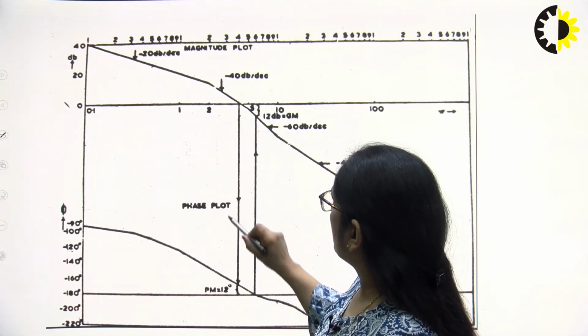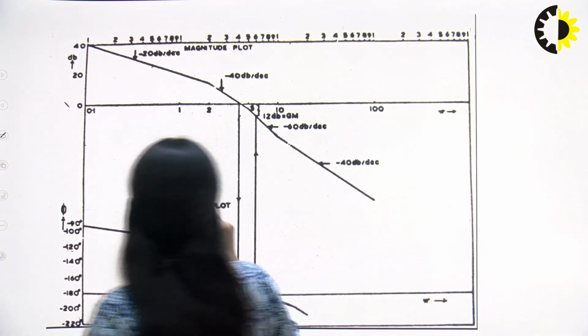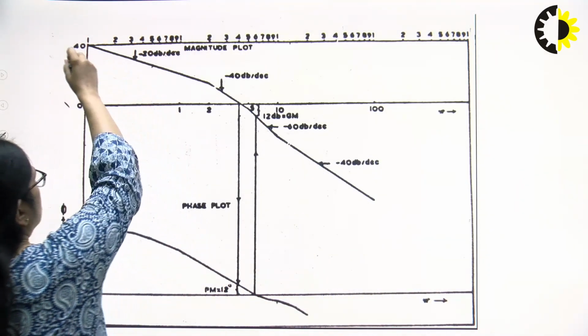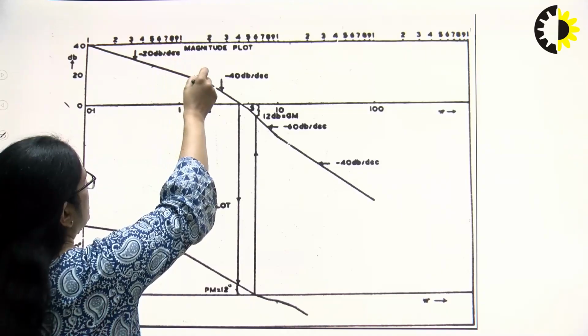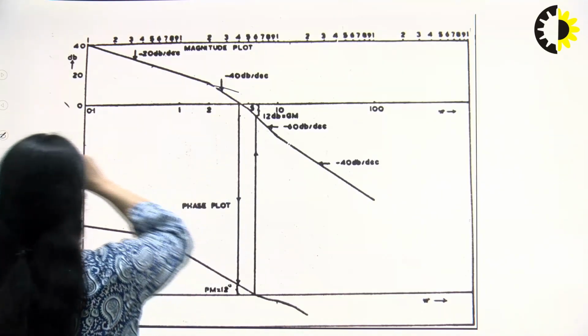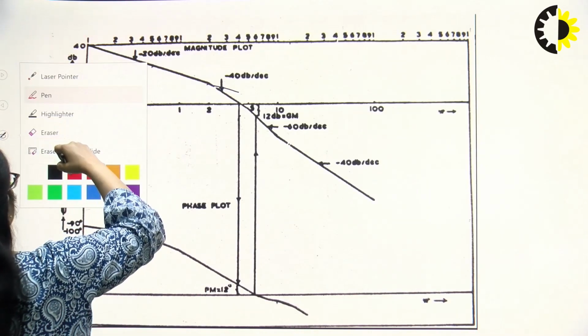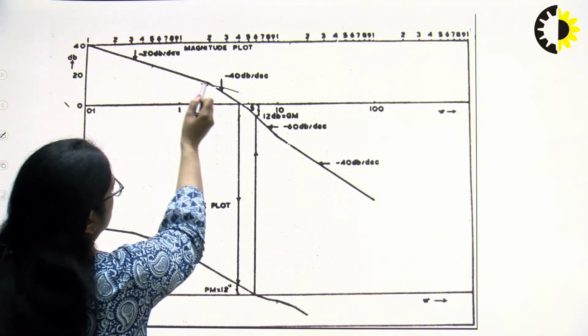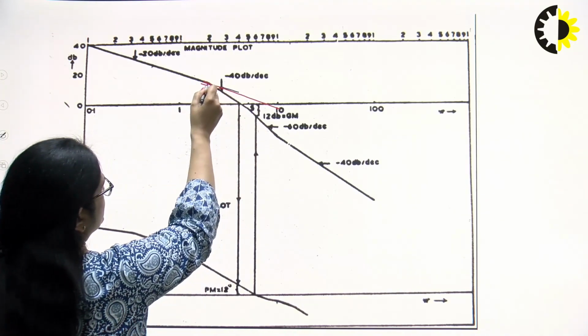So this is the plot I am talking about. This is the minus 20 dB, this goes up till the 10 line, but it is changing here.